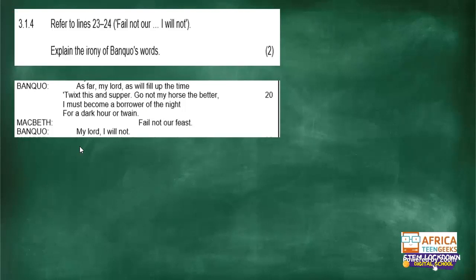So based on what you know about this dialogue, what do you think happened? Remember, the question says, explain the irony of Banquo's words. And Banquo said, my lord, I will not, okay? So Macbeth said, fail not our feast, meaning that make sure you come to our feast. And Banquo said, my lord, I will not, meaning that he will not fail to come, he will be there.